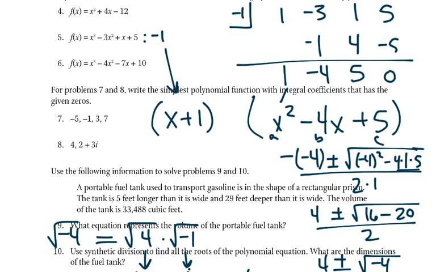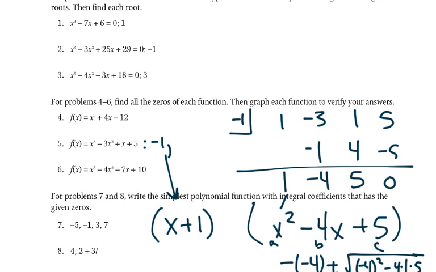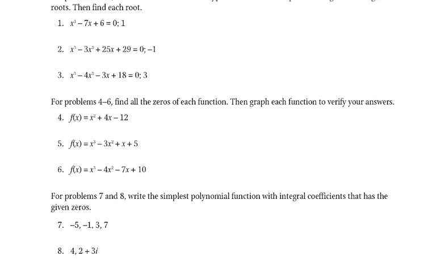So there's our other 2. So 1, and then 2 plus i, and then 2 minus i. So 1 real, 2 imaginary. Okay? And that's why we need to be able to figure it out by hand, because graphing won't tell you the imaginary ones. Okay, let's do number 6 now.